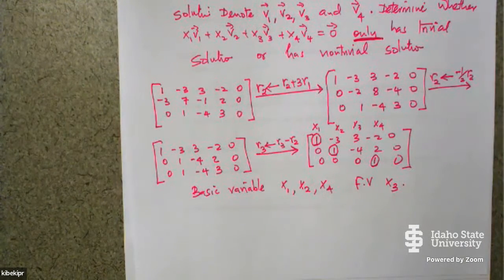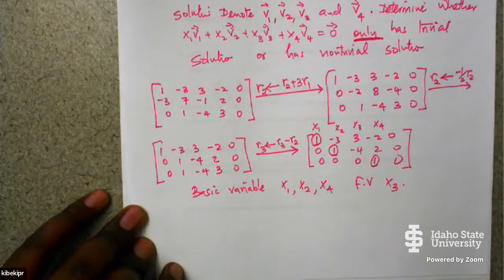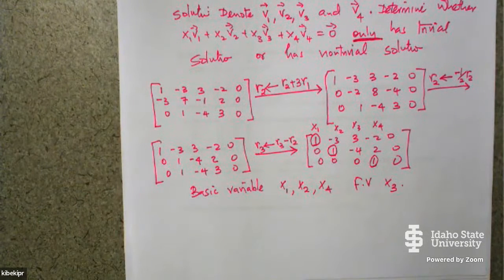Our free variable is where we don't have a pivot position. So if we have a free variable, then it means it is linearly dependent.